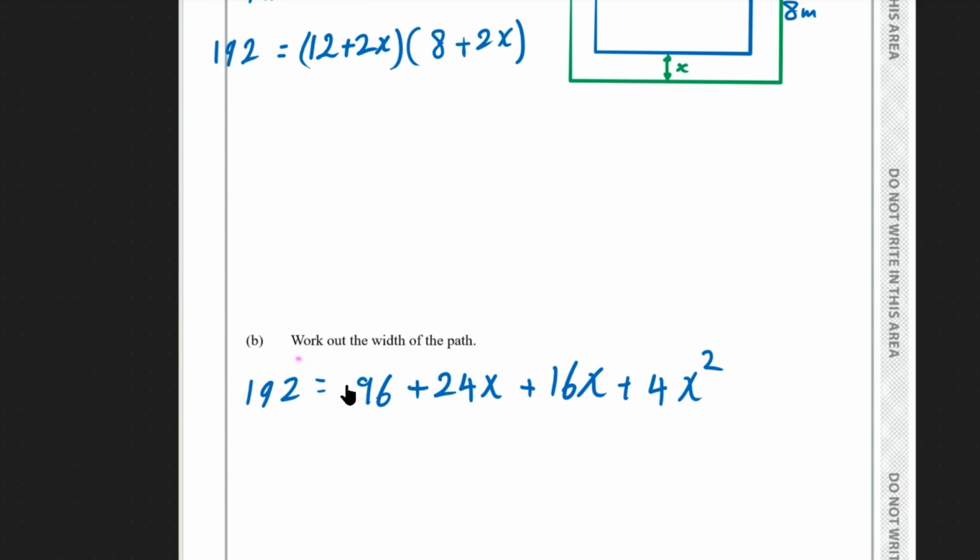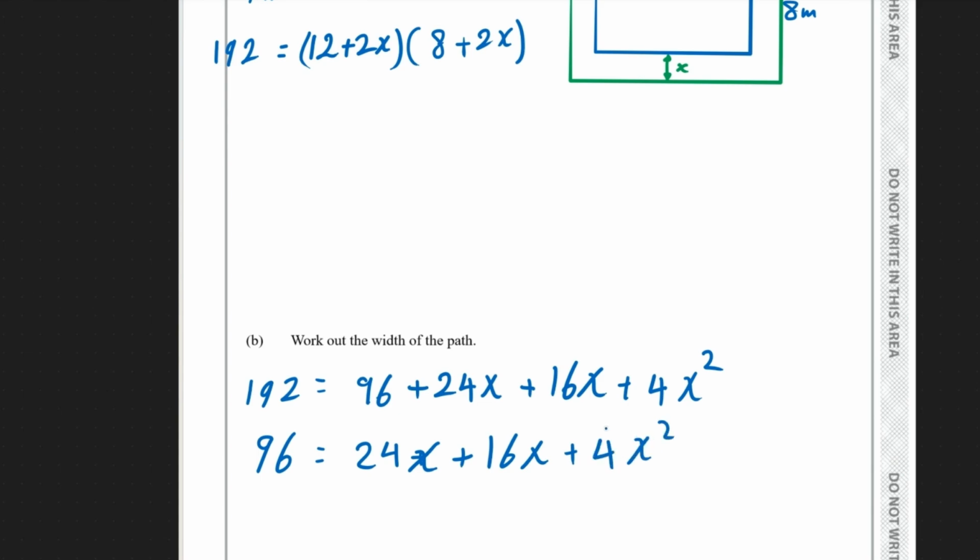It would be good if we try to reduce this number, and we can do it because here 96, we can bring it over to the other side as minus 96. So 192 take away 96 would make another 96 equal 24x plus 16x plus 4x squared.